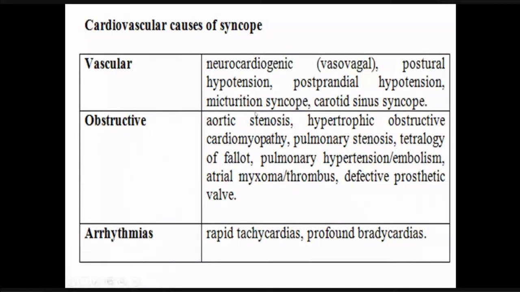Micturition or carotid sinus syncope، هاي بعدين نحكي عليها ان شاء الله. اكو obstructive causes like aortic stenosis, hypertrophic cardiomyopathy. هاي معناها شنو؟ الدم مدى يطلع من الهارت because there is obstruction, especially during exercise like in hypertrophic cardiomyopathy and aortic stenosis. And the other cause of syncope اللي هو the most common هو الارثميا اللي هي due to tachycardias or bradycardias. Okay.